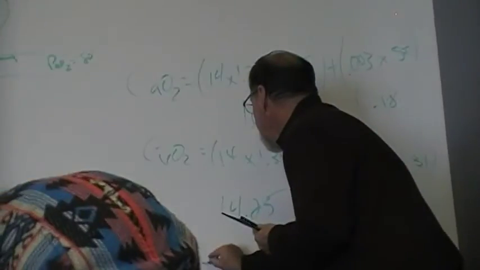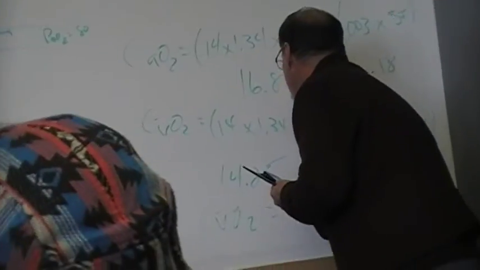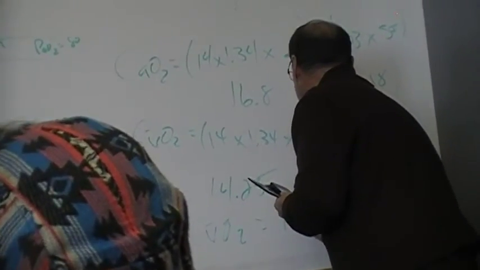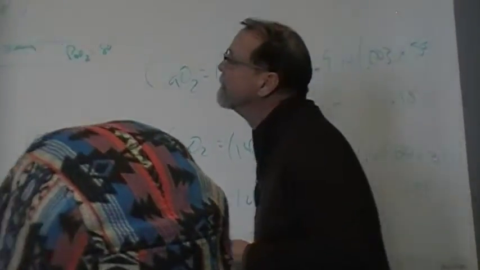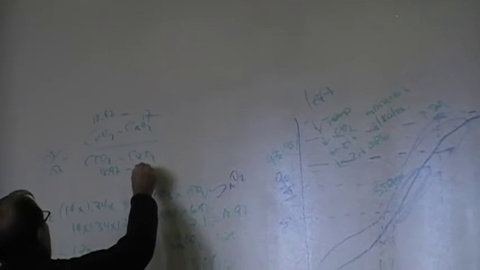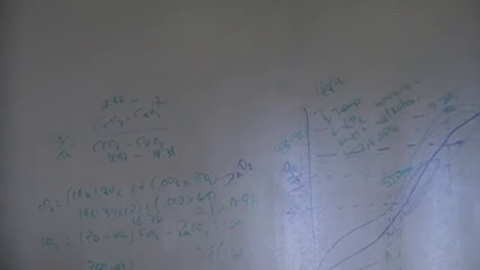So CvO2 is equal to 14.34. Bam. So really, it's just the content equation.